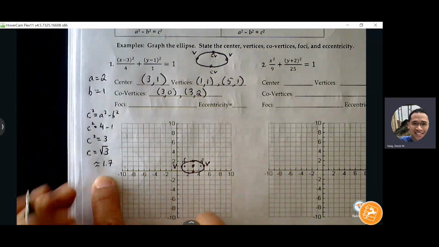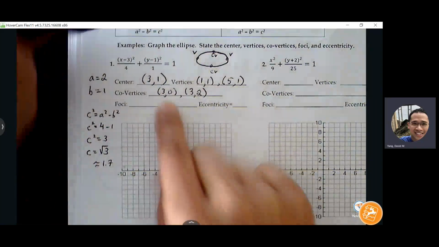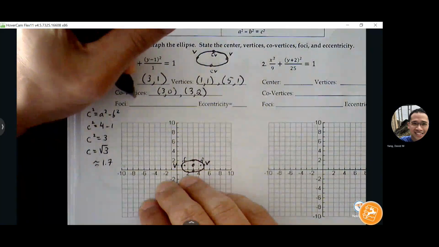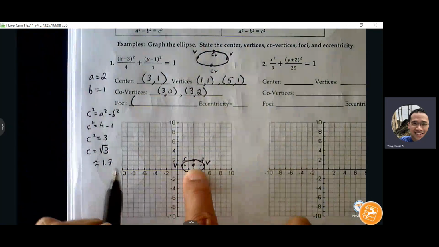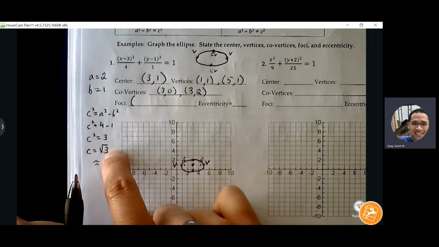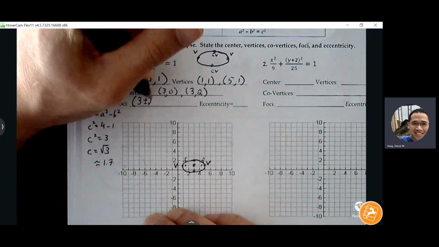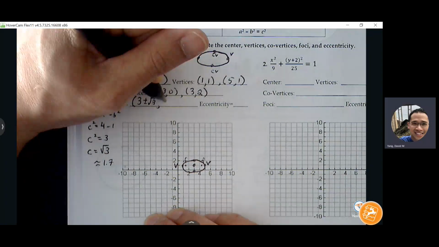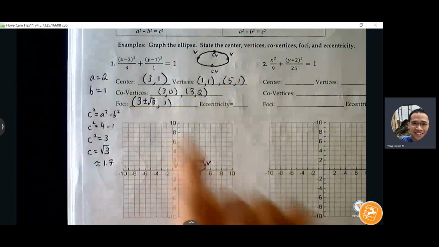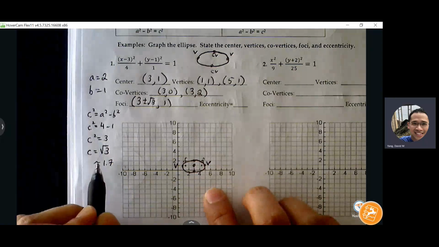To indicate that I'm moving to the left and to the right √3 units, this is the way I like to write it. I start with the center, 3. From 3, I'm going to the right 1.7 and to the left 1.7, but I want to leave it in radical form. So I'm going to say 3 plus or minus √3, comma 1. All that's saying is I'm starting at (3, 1), and I'm moving to the left √3 and to the right √3, which is around 1.7.